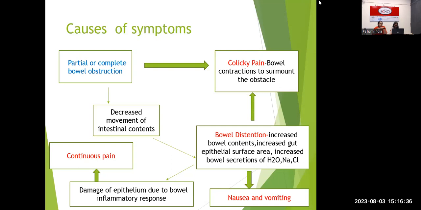So what are the symptoms? Can anyone volunteer and say the same things that we said just now? I want you to unmute and speak. Okay, now I'll call out names.